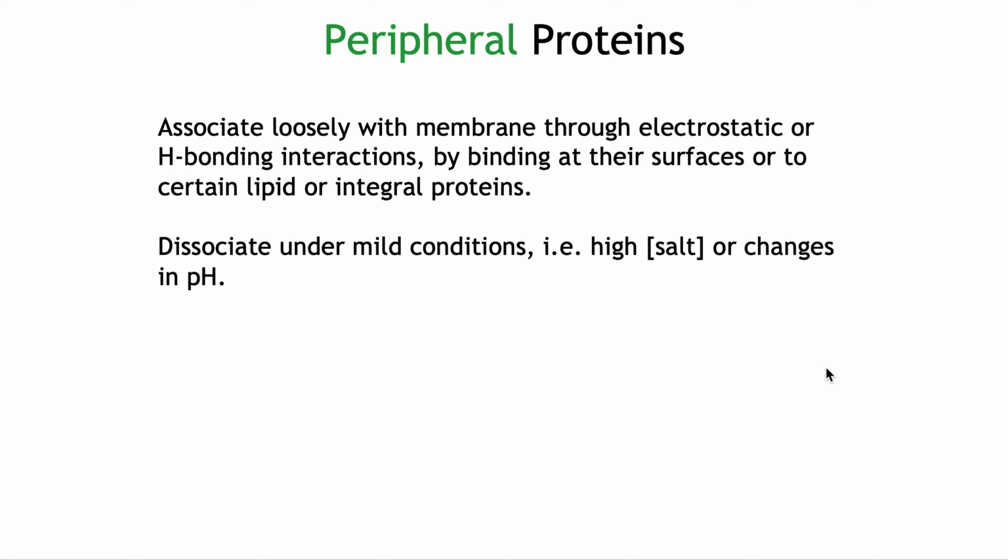And in the lab, if you wanted to release peripheral proteins from their associated membrane, this could be done by relatively mild treatment that will interfere with electrostatic interactions and hydrogen bonds, right? High salt concentration or changes in pH. A common reagent that is used is carbonate at a high pH.